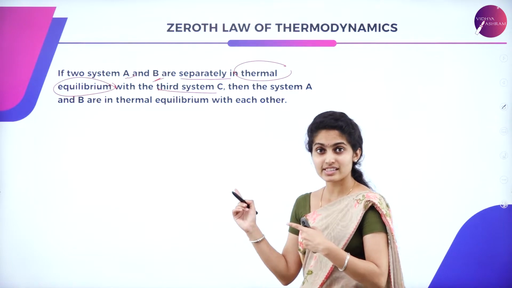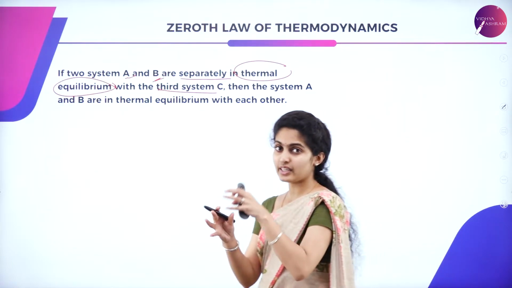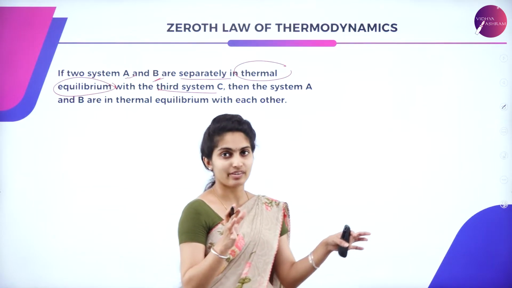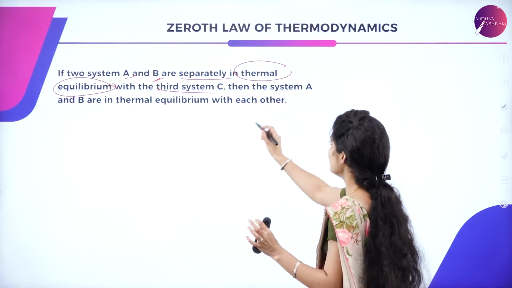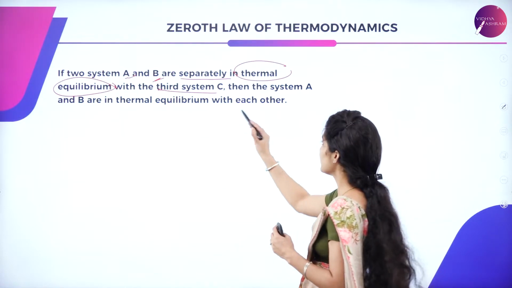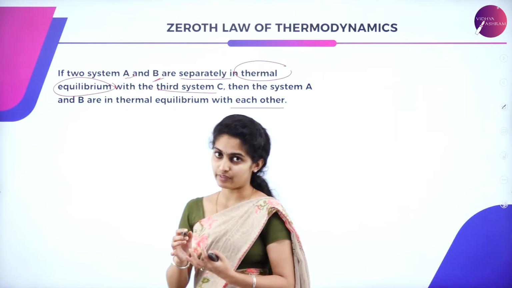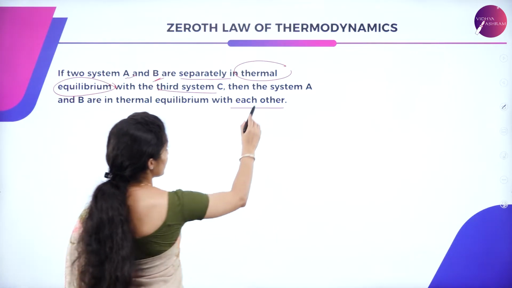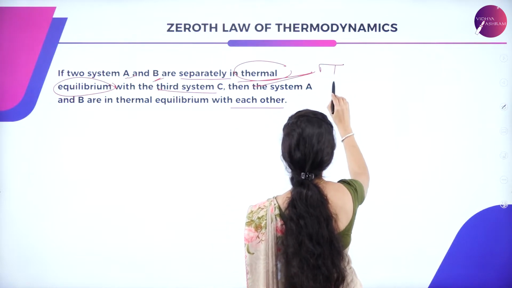So what is the statement? System A is in equilibrium with C and B is also in equilibrium with C. Then systems A and B are in equilibrium with each other. How can you say this? When we are considering thermal equilibrium, we go with the temperature.